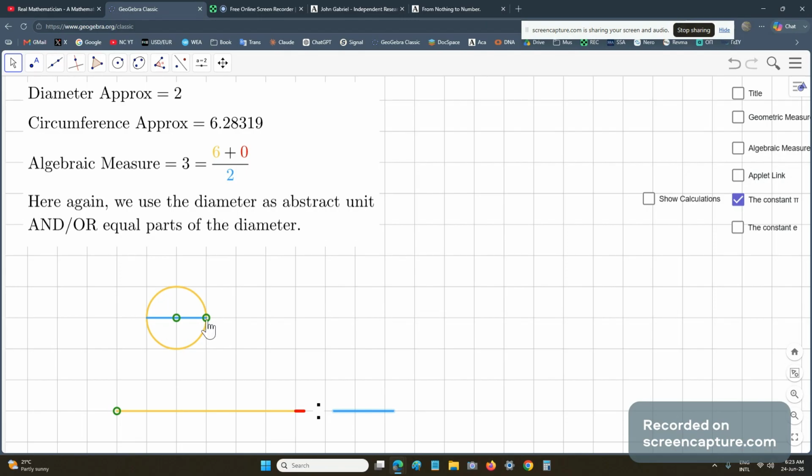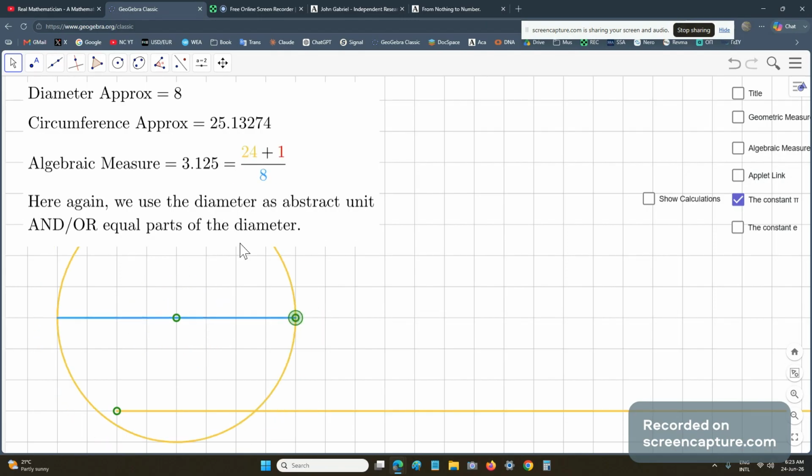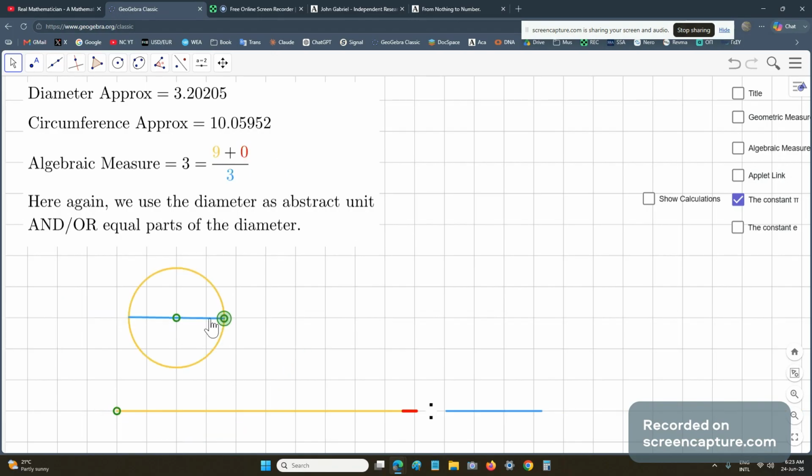So here we've got roughly the measure of the circumference to the diameter, but it's not exact, and the answer is that you can't really measure it.